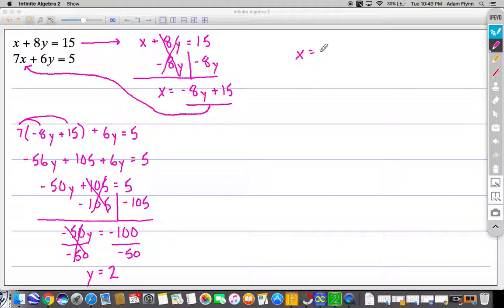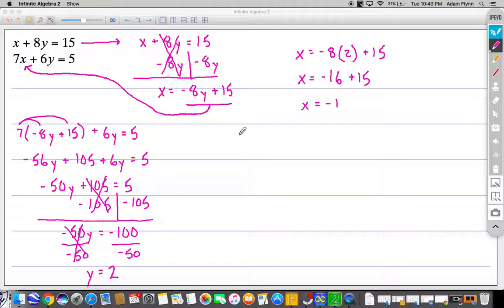So I get x equals negative 8 times 2 plus 15. When I evaluate this, I get x equals negative 16 plus 15. And negative 16 plus 15 is going to be negative 1.